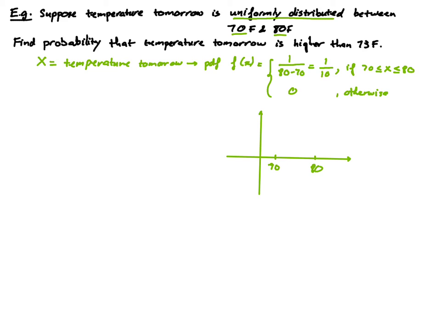Then the curve between 70 and 80 is going to be a horizontal straight line at 1 over 10. And outside of that interval, the curve is exactly the x-axis.